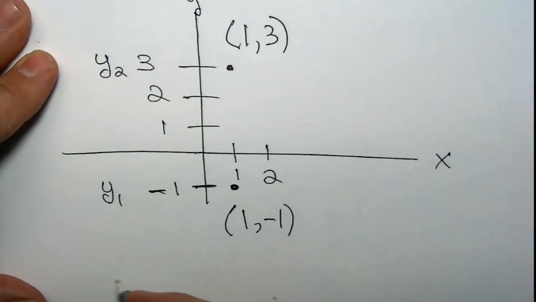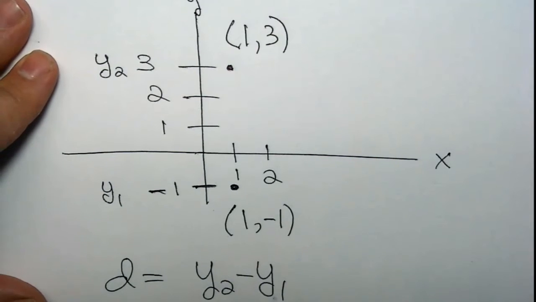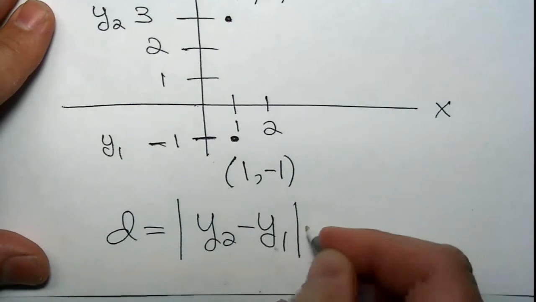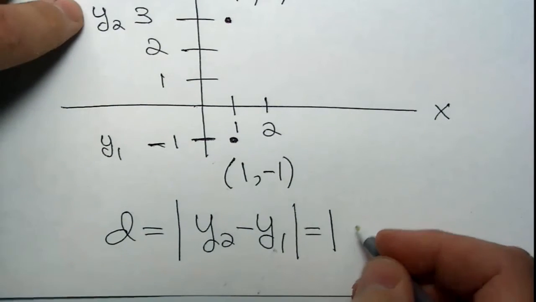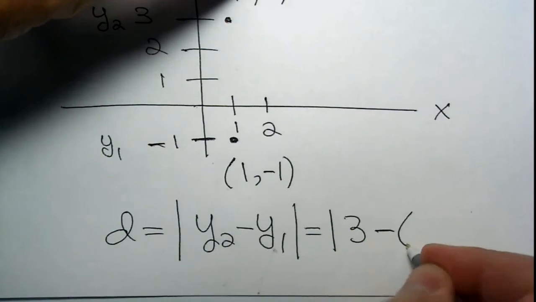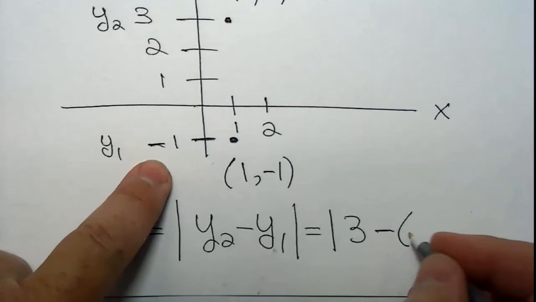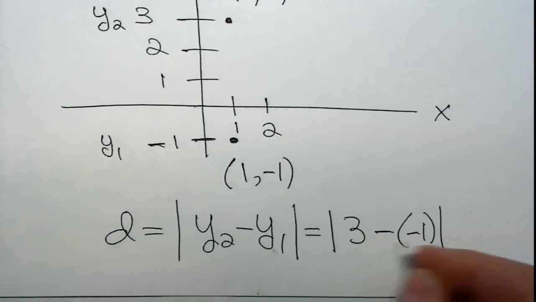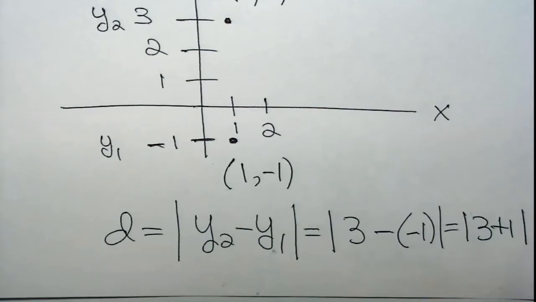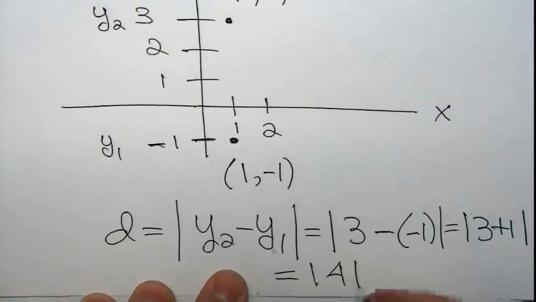So in this scenario, the distance would be just the difference between the 2 y values. But once again, let's protect that value so it's positive. So it's going to be y2, which is right here, 3, minus y1, which is -1, but the double negative in there is going to cancel. So I get the absolute value of 3 plus 1. I get the absolute value of 4, which again is 4.